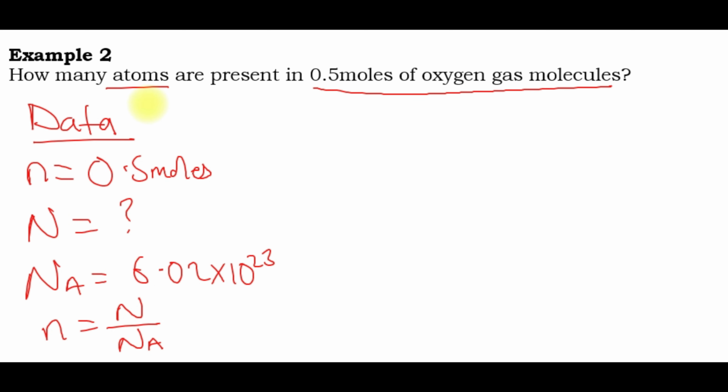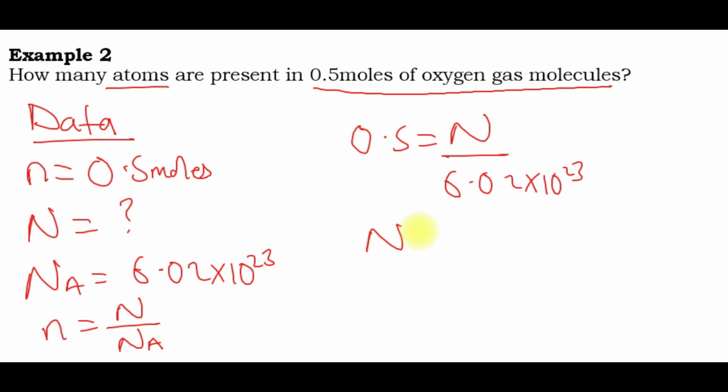Once we do that, we will determine the number of atoms, because for every molecule of oxygen, there are 2 atoms. So we have 0.5 is equal to the number of particles over 6.02 by 10 to the power 23. And you cross multiply, you get the number of molecules as 3.01 by 10 to the power 23 molecules.